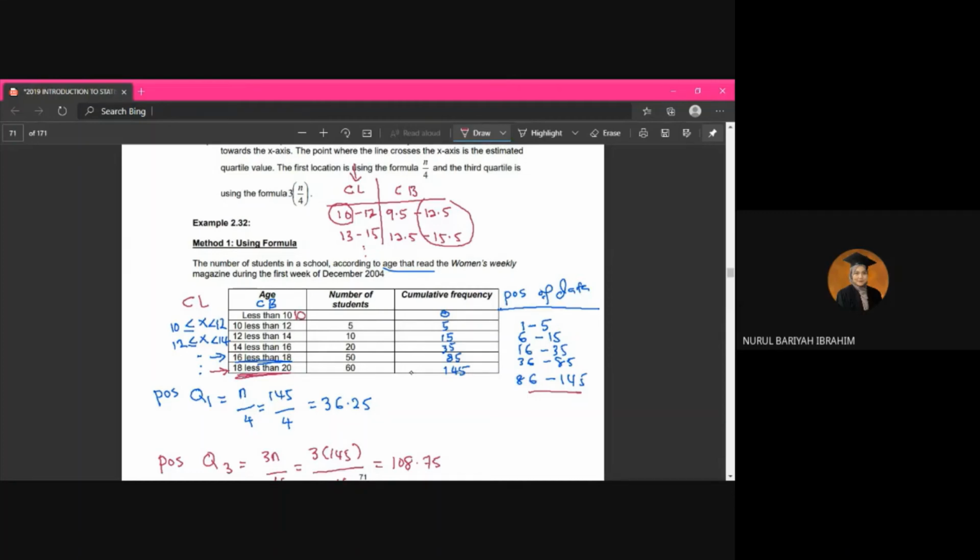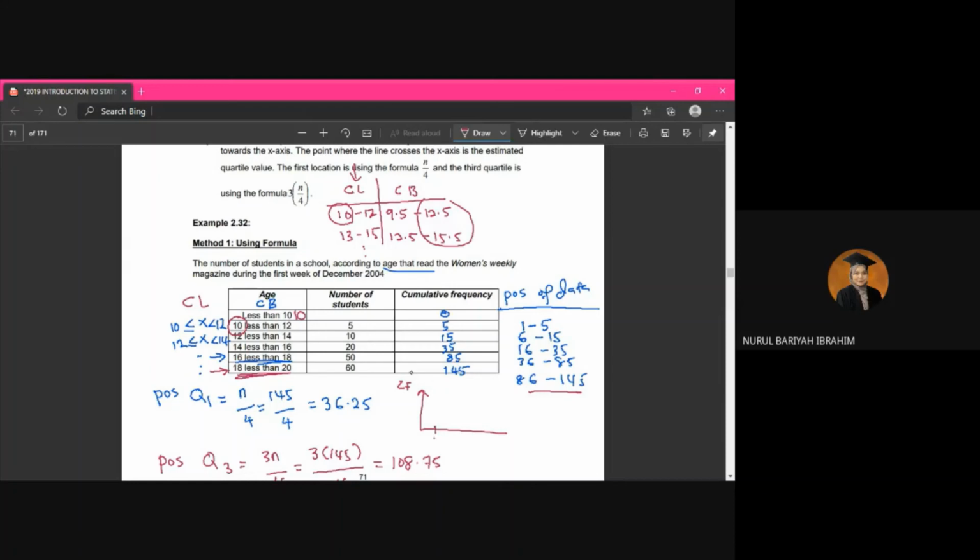So kalau nak buat ogive, so the first kita start dengan 10, which is the lower boundaries for the first classes. So start dengan 10, which is the cumulative-nya 0. Okay? So you punya ni will be start dengan y-nya 0, cumulative frequency, dan x-nya adalah 10.